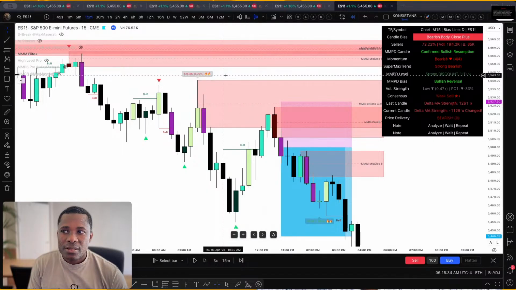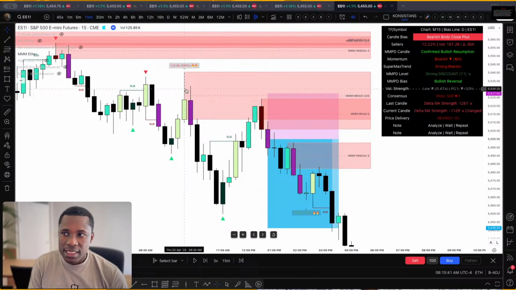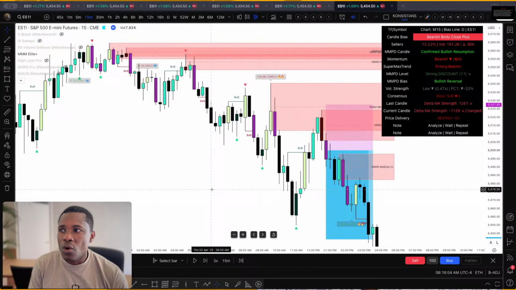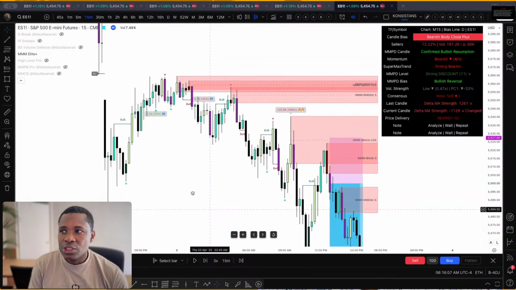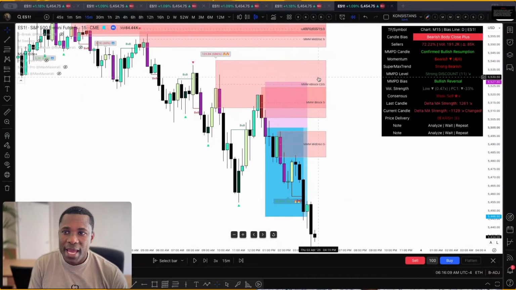It's 596%, which means we have a lot of volume coming into this external block CDS. A lot of volume came in, which means that from the last 20 candles, when we take all the volume of these candles, this particular block had 496% more volume than all the last 20 external blocks we had.